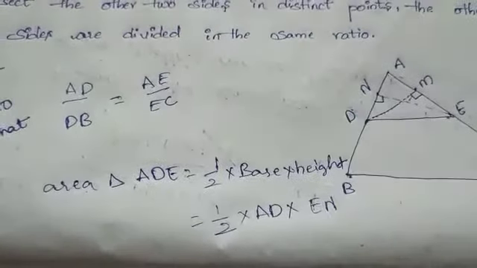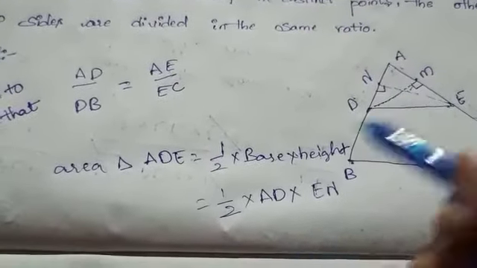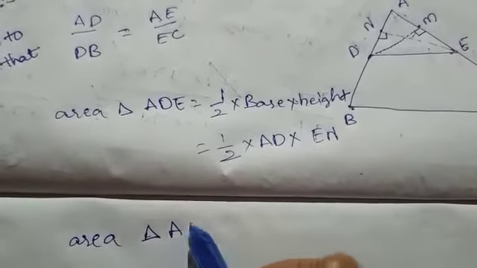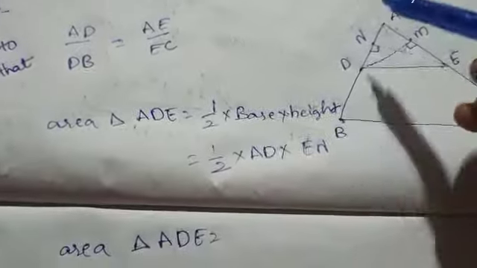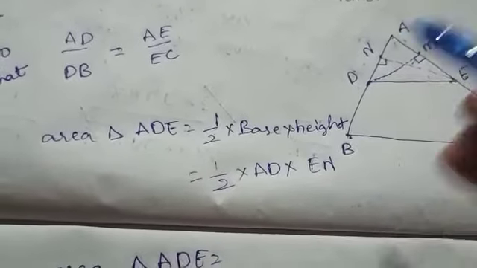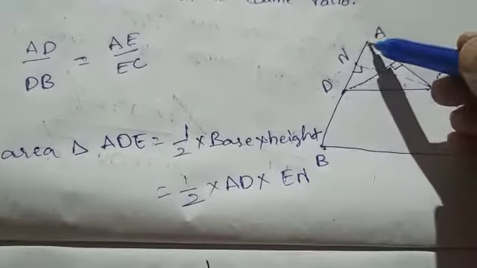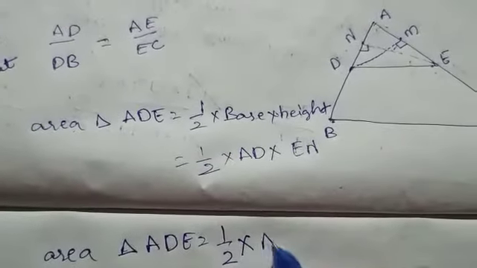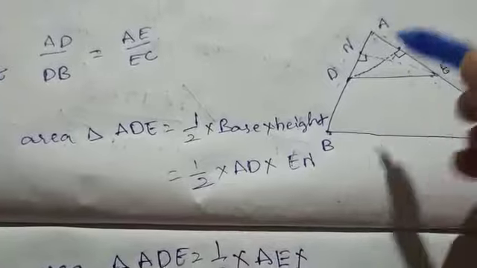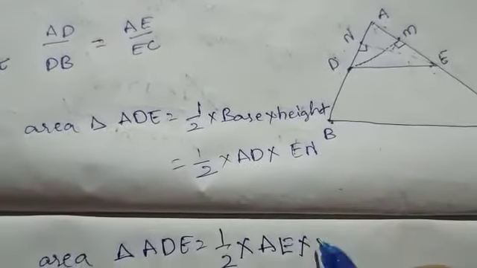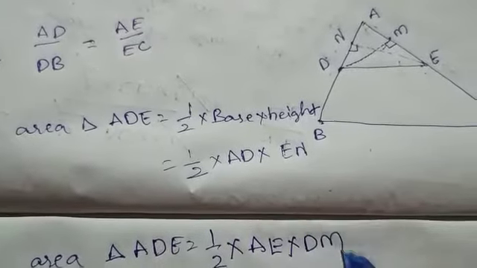Okay, in same way, area of triangle ADE equal to half into base into height. Here base is AE and height is DM. Okay, DM. Is it clear?